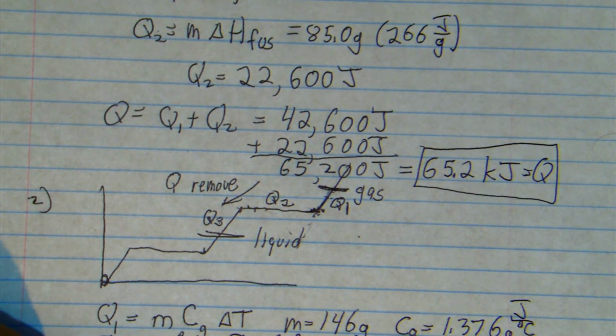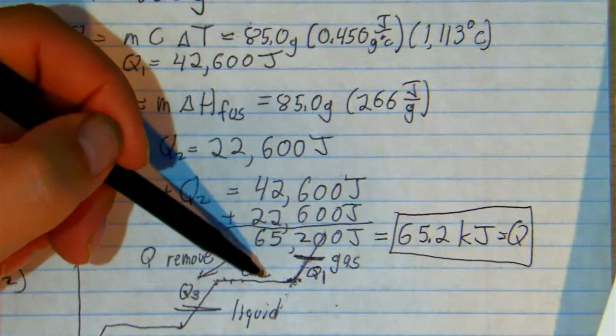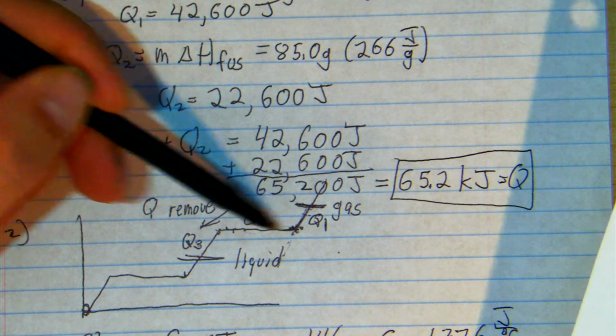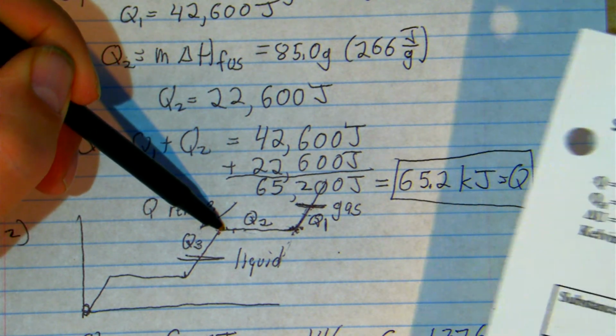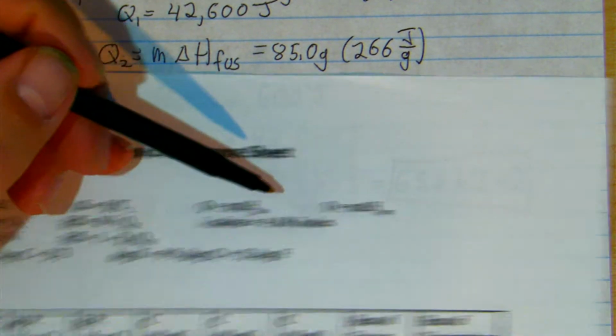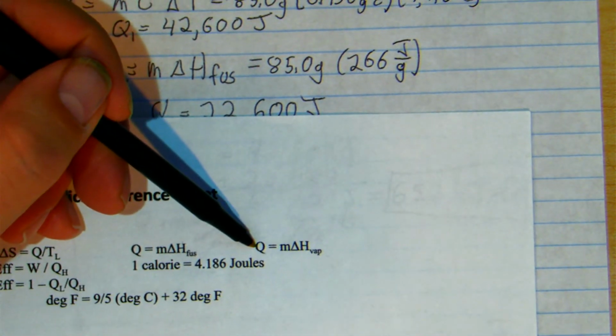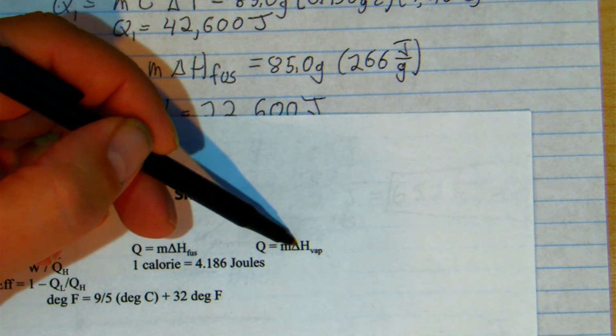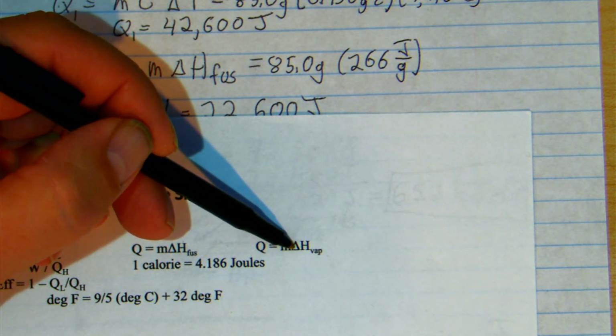Q2 will be the heat energy released by condensing the gas into a liquid. The formula, of course, will be heat energy, Q, is equal to the product of the mass of the substance times the heat of vaporization for methanol.